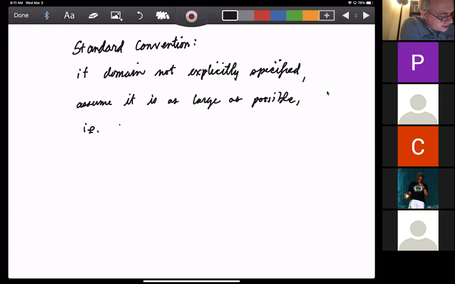Or in other words, the function's domain basically is all values of the parameter where you can actually evaluate the function.